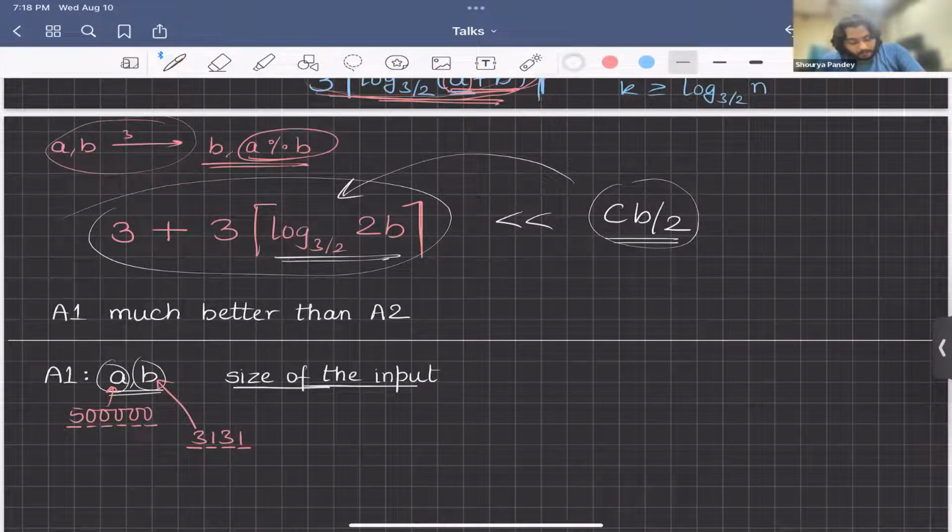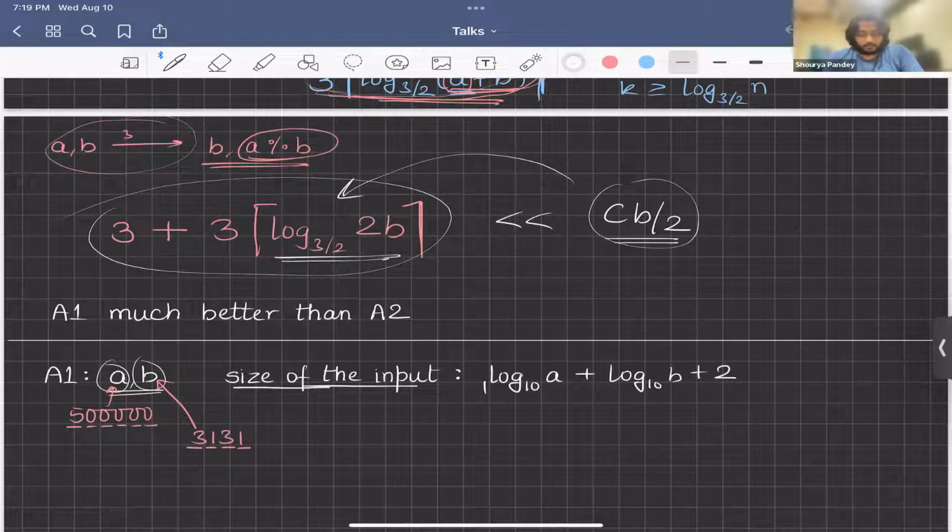So the size of the input is actually log of A plus log of B with ceiling, right? Let's just say it's this, or maybe let me write this. Is it ceiling or should it be something else? Maybe it's floor plus 1. I think that's more accurate.